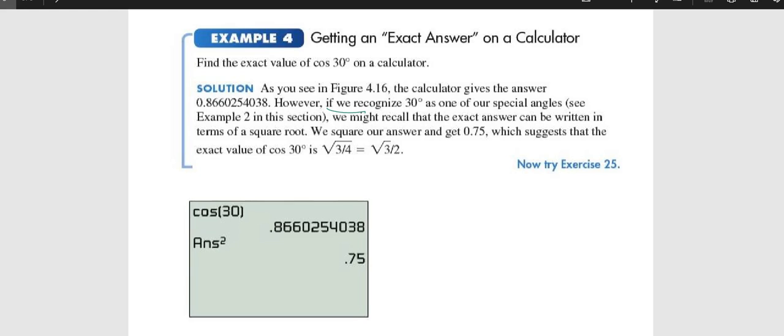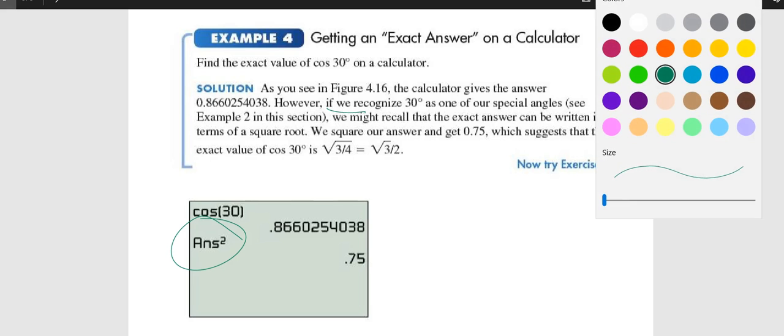Who the heck is going to know that they should square this answer? That they're supposed to take the square of that value and come up with 3/4? I don't think any of you would know that. Yeah, but I don't think a lot of you are going to see that right away. So I thought that was kind of a dumb thing for them to say.